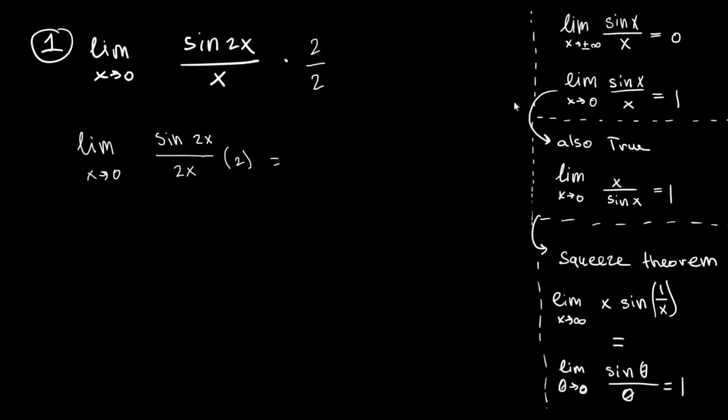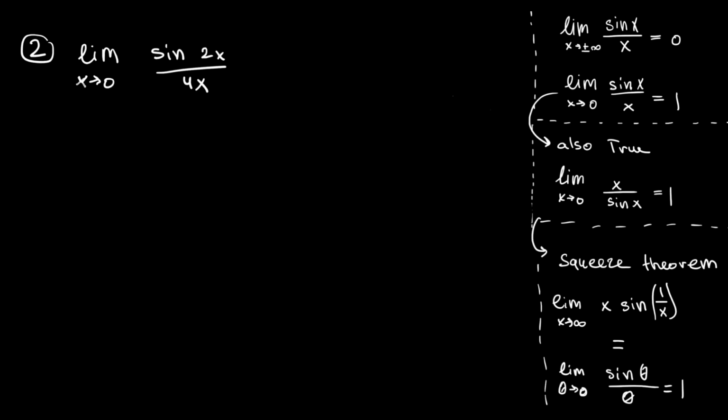Now we can simplify that by looking at our basic limit rules. As x approaches 0, sine of 2x over 2x is going to be 1. So the answer is going to be 2.